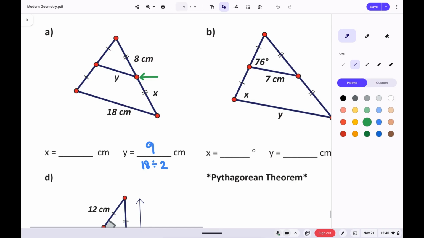If we know that the top portion is 8, then she's saying we should be able to know that the bottom portion is 8 too. The other thing I could look at, do you guys see how this side is marked with 2 dashes? Is down here also marked with 2 dashes? What does that tell you? They're the same. So that's why it's also for sure going to be 8.